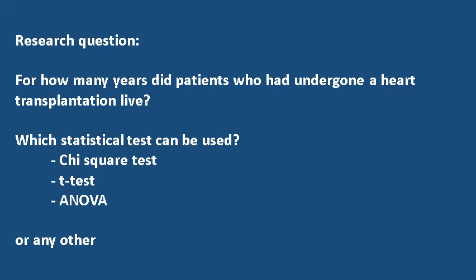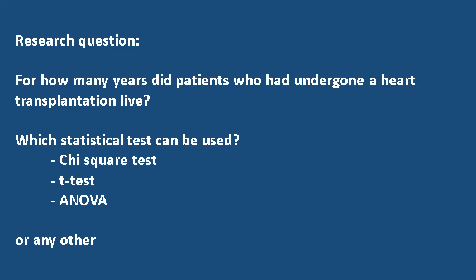For t-test, the outcome should be a continuous variable and the independent variable should be categorical and should have two categories. Here, the outcome is a categorical variable, so we cannot apply t-test.